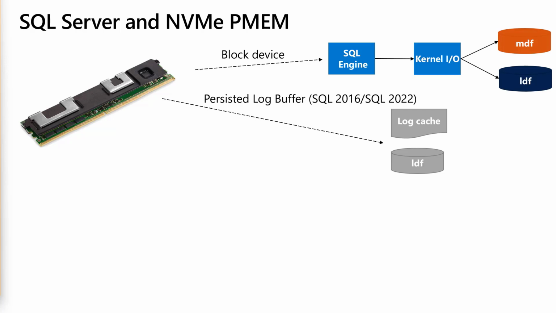The other scenario is the persistent log with log cache, also known as the tail of the log scenario. This was introduced in SQL Server 2016, and it should be noted that Hackathon is what drove us to work on this. If you use a Hackathon-based application with OLTP, the bottleneck became the transaction log. But why?